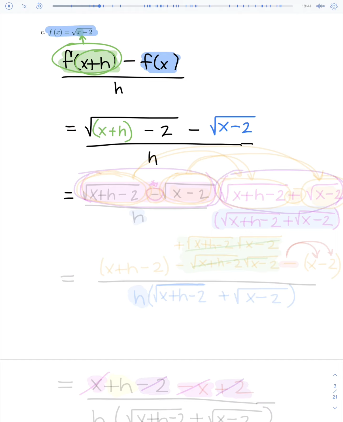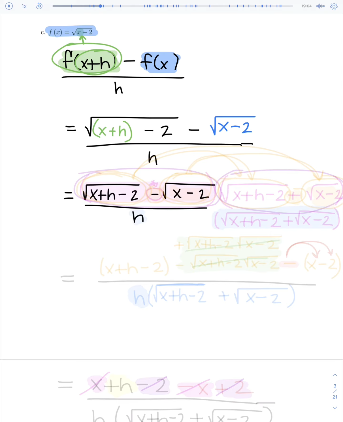So I'm going to recopy what we have down here. We have x plus h, and I don't need the parentheses because there's nothing out in front of them, minus 2 as our first piece, minus a square root of x minus 2, and we have an h. So what's the trick we're going to use? Well, we used it in one of the earlier sections in this chapter, in 1.3, when we were dealing with i's.